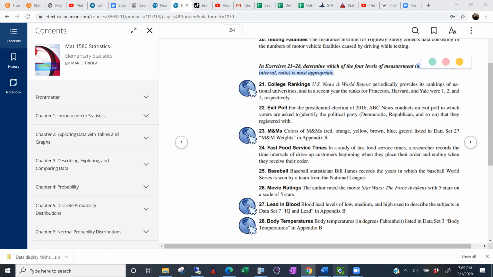For the presidential election in 2016, ABC News conducts an exit poll in which voters are asked to identify the political party as Democrat, Republican, and so on they're registered with. So what kind of data is the party that you're registered with representing? That would be nominal because there's names to them. Yeah, your data is just nominal.